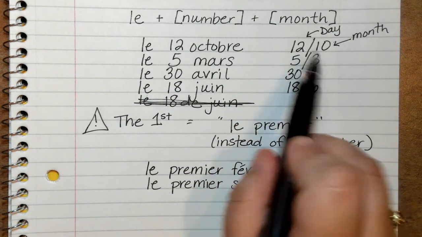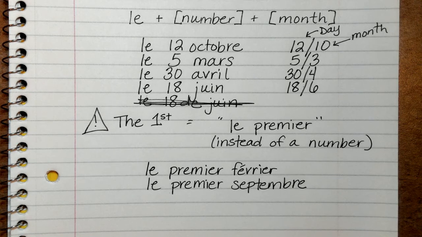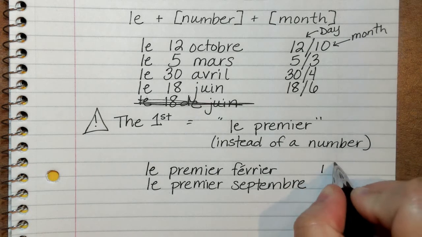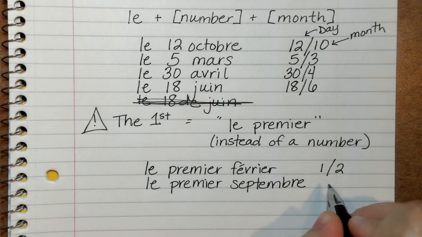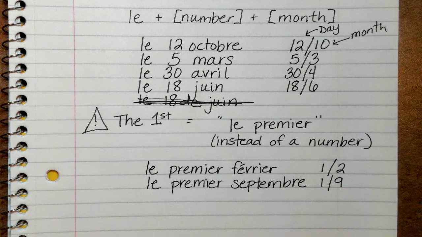You can just write it like this. Then for these ones down here, le premier février would be the first day of the second month, and le premier septembre.